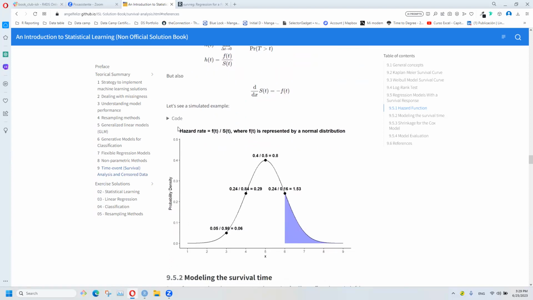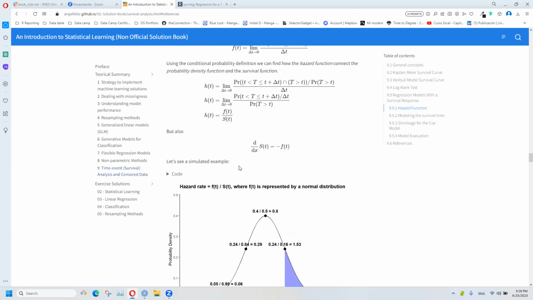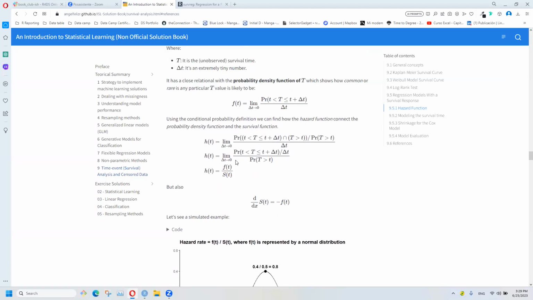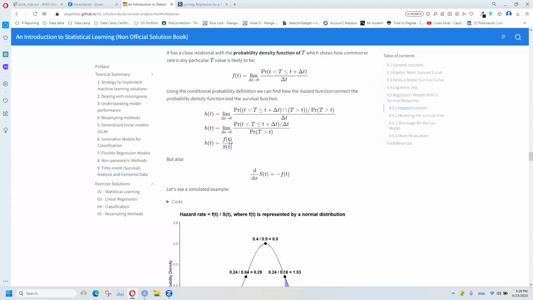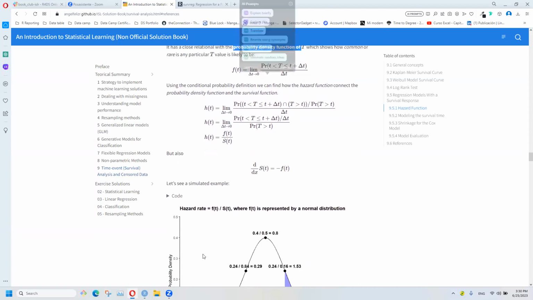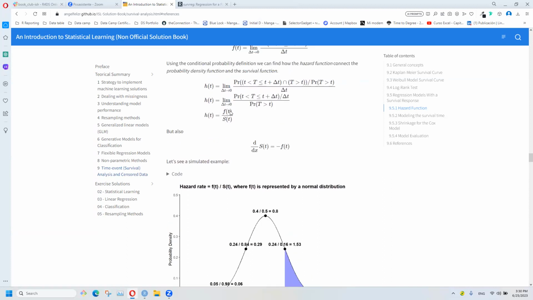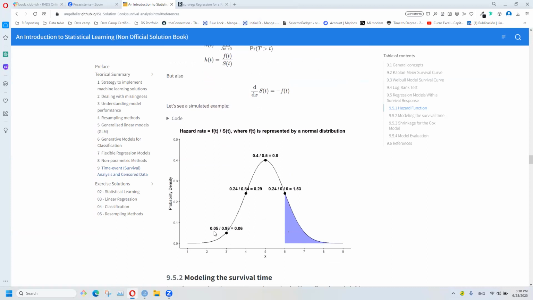I tried to simulate an example of the hazard. At this point, using this definition, if we assume, for example, that the probability density function of t is a normal distribution, we just need to pick the density and the survival function. So the survival function would be this area on this side.